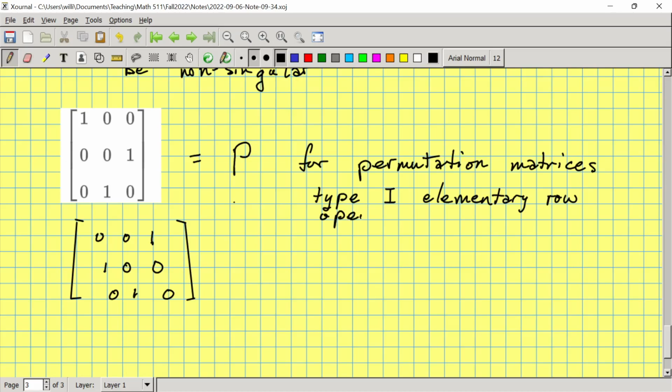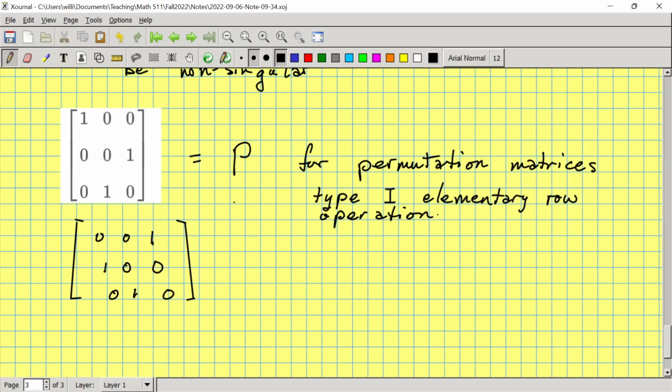That's right, it performs 2 row operations. Any permutation of the identity matrix will give you a permutation matrix. And when I multiply a matrix A on the left by that matrix, it will simply reorder the rows. But it's only an elementary permutation matrix if it exchanges exactly one pair of rows.